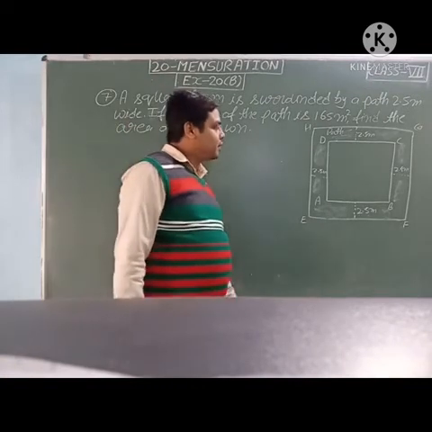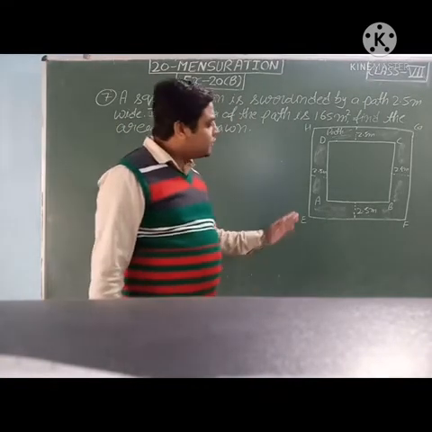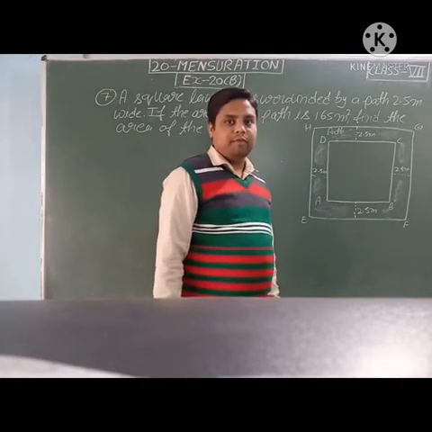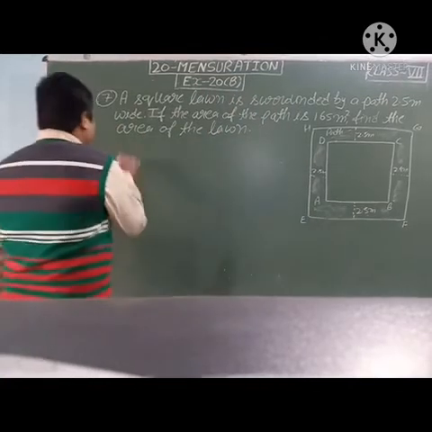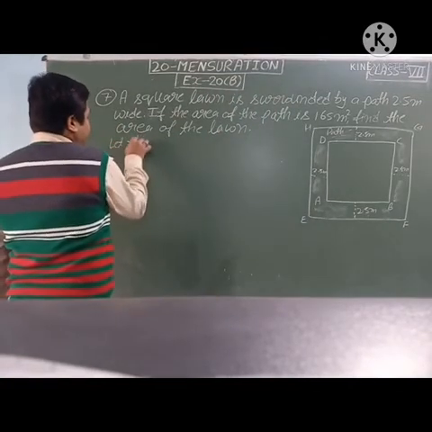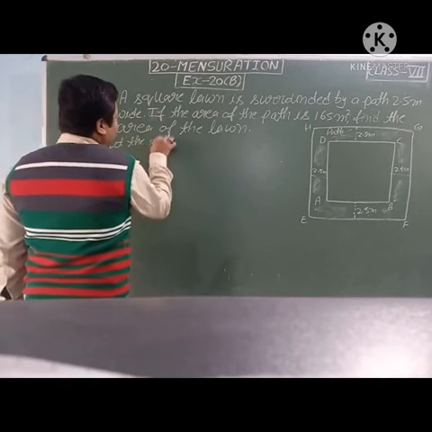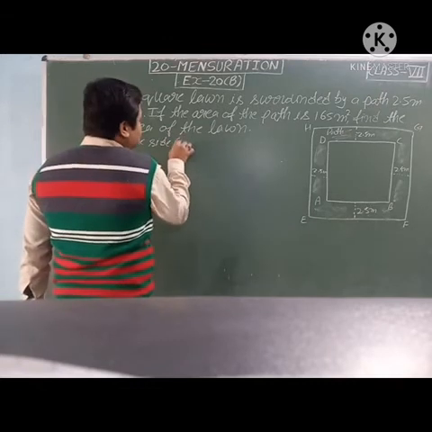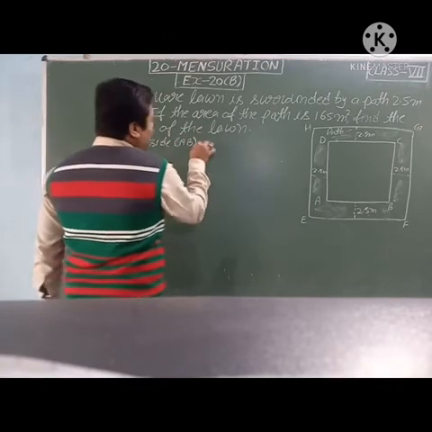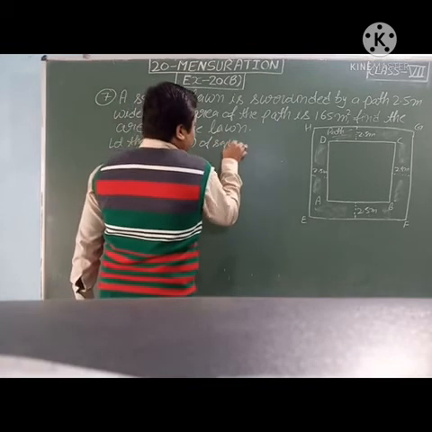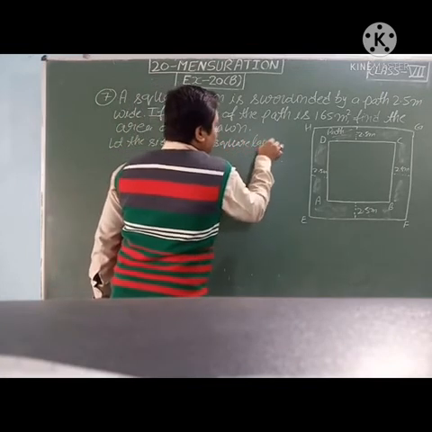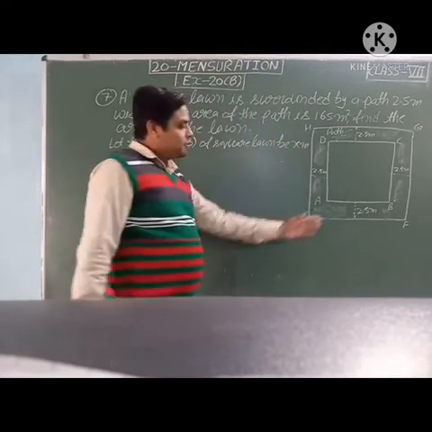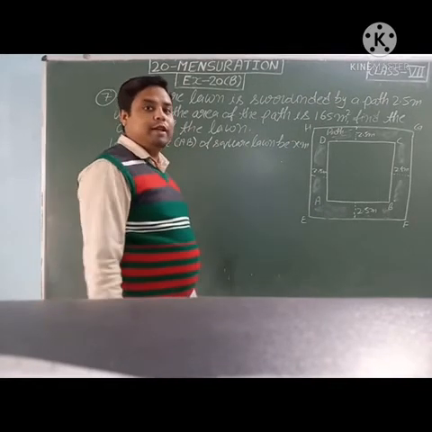Area of path is given. Students, we can let the side of square be X. So let the side, meaning AB, side of square ABCD be X meter, because width is given in meter, so we will let in meter.